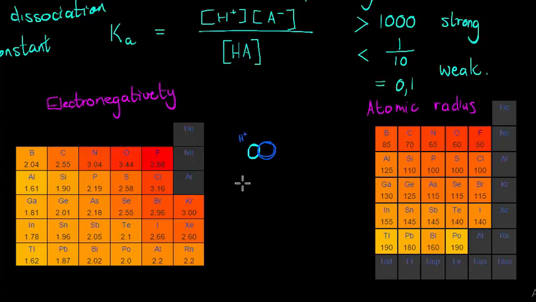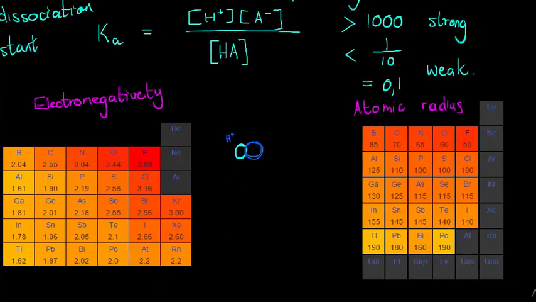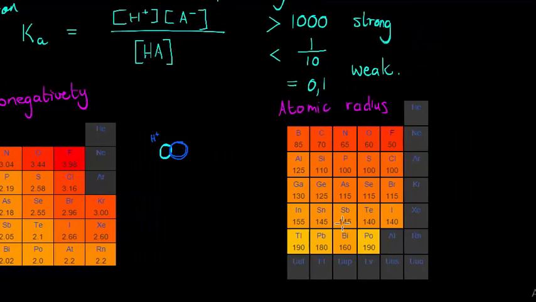So what affects that strength? Well, by far what affects the strength the most is the atomic radius of the anion. The larger this atomic radius is, the easier it is to donate the hydrogen. In other words, the lower the bond strength is between the two.